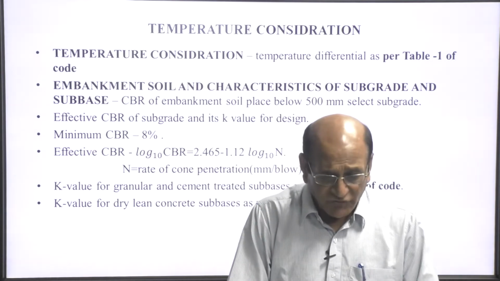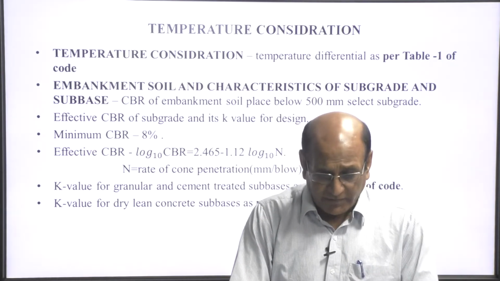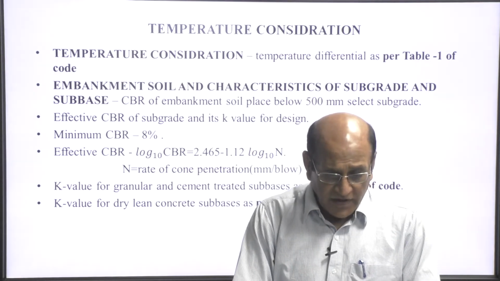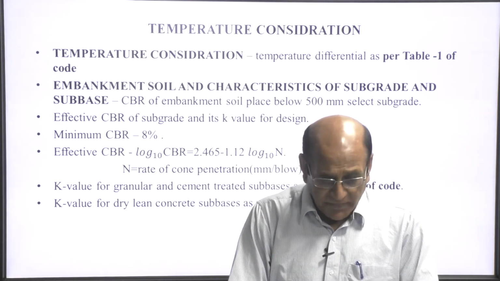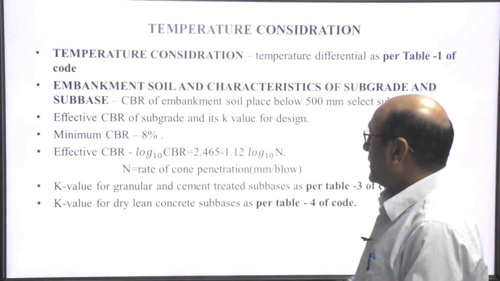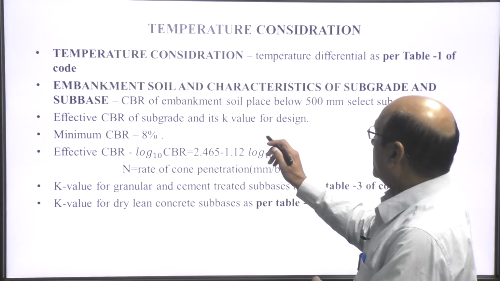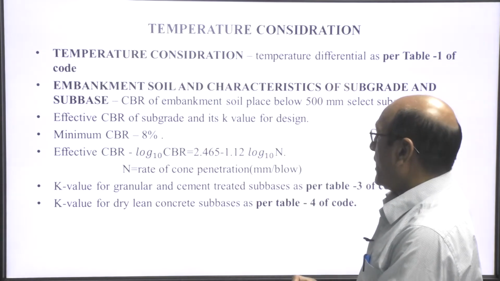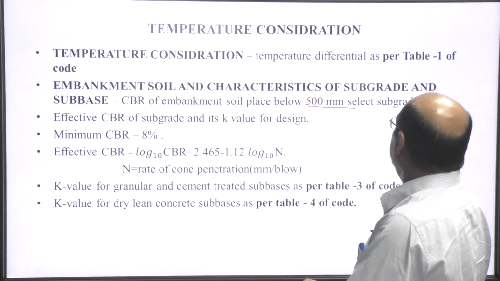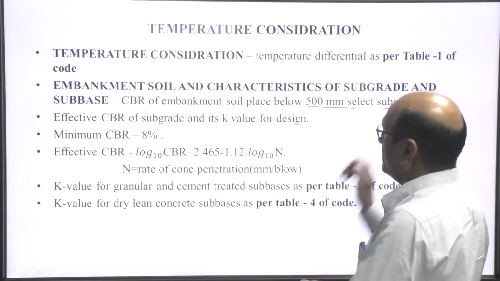Now, embankment soil and characteristics of subgrade and subbase. The CBR of embankment soil placed below 500 mm should be the select soil, and the 500 mm select soil acts as the subgrade.